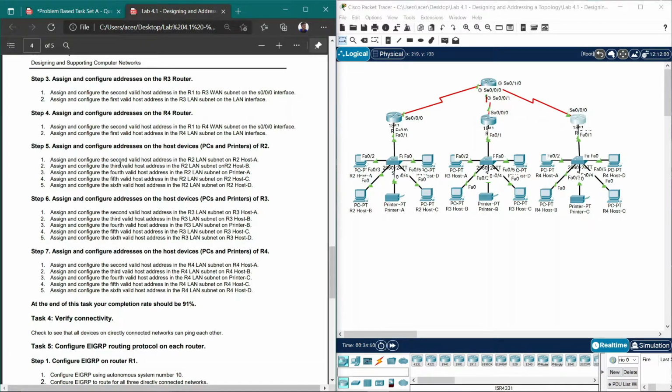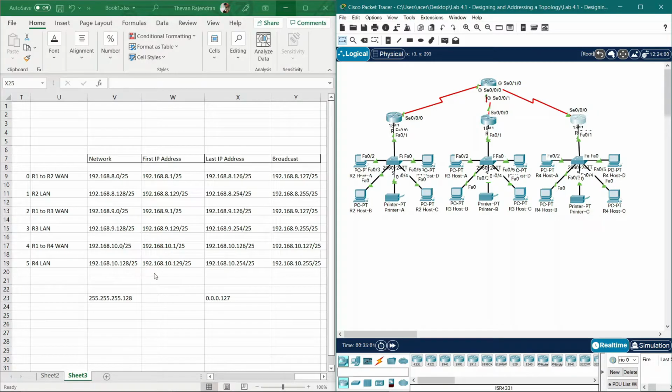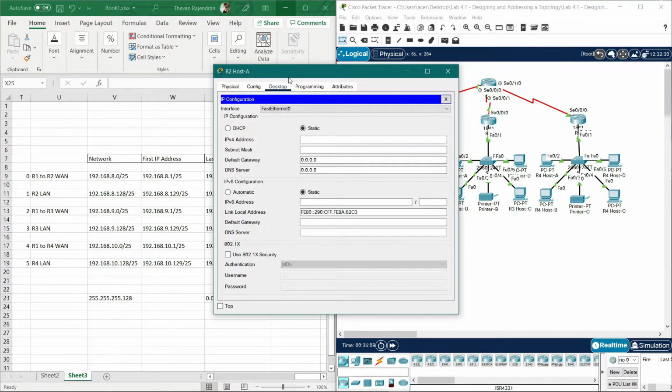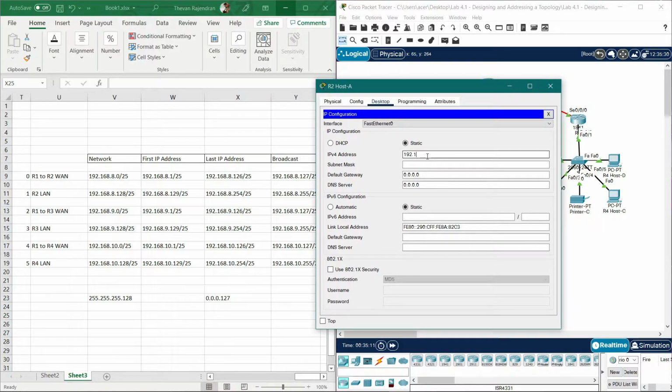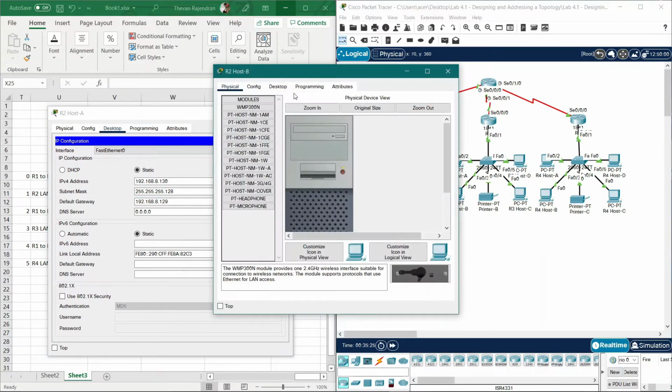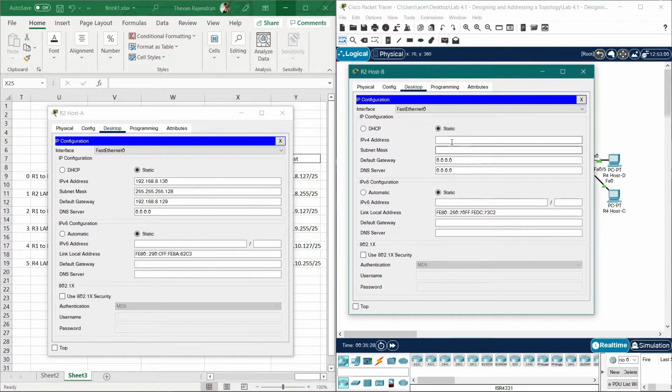The second to sixth valid host IP addresses on host A, host B, printer, host C, and host D. So the second valid will be 192.168.8.130, and it goes on.